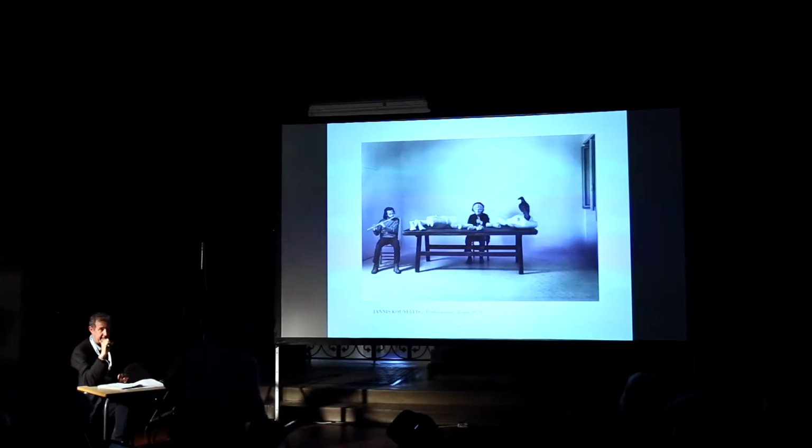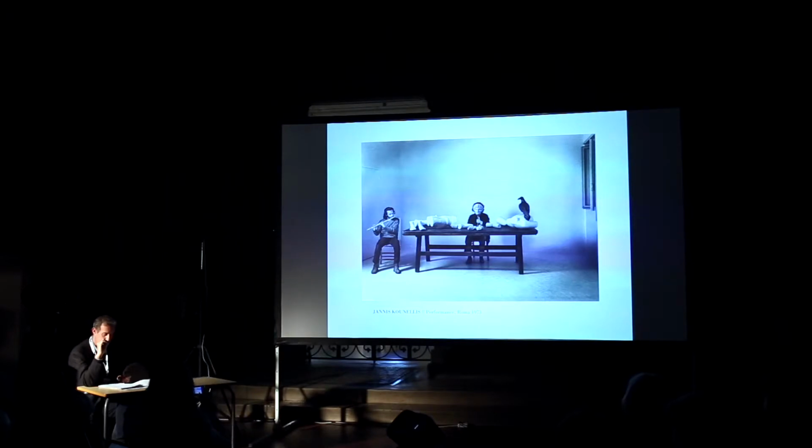This is another example, Yannis Kounellis. Yannis Kounellis is a Greek artist who moved to Rome in the 60s, and he was one of the masters of the arte povera movement. Here he is doing a performance, reenacting the fragments of the Apollo.